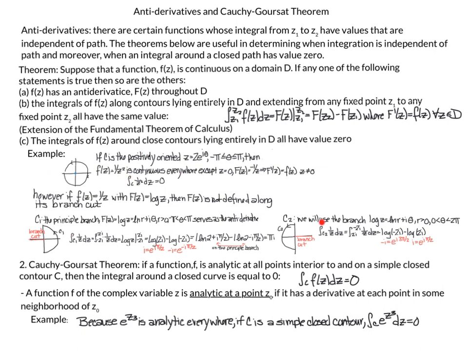The second example, and actually a couple of these examples, bring in the idea of multi-valued functions and their branch cuts. If we have the same curve, z equals 2e to the i theta, this circle of radius 2 centered around 0, and our function is now 1 over z, then the antiderivative is log of z, which we have learned is a periodic function and therefore a multi-valued function. The other very common multi-valued function you will see is the square root of z.